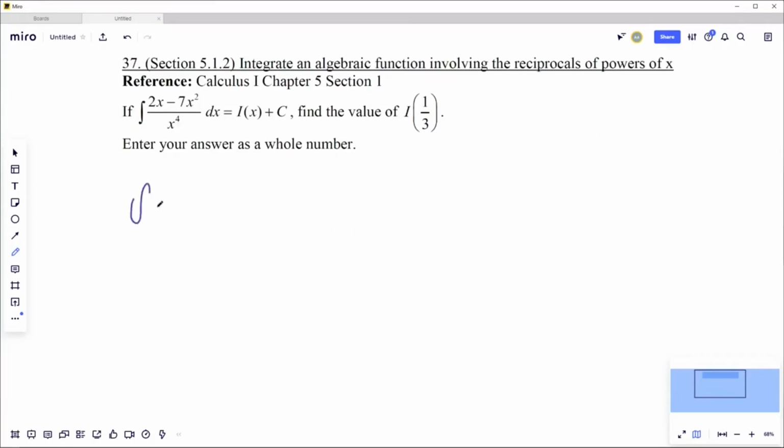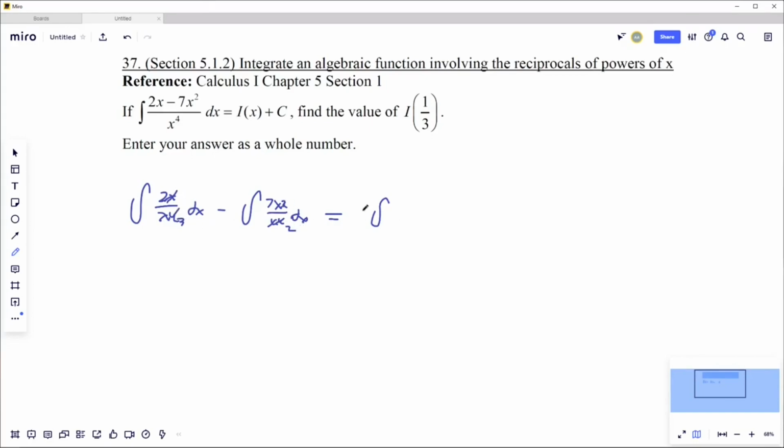So just split the integral for this. You get the integral of 2x over x to the power 4 dx minus the integral of 7x squared over x to the power 4 dx. This cancels with this, so you have x to the minus 3, and this cancels with this, you have x to the minus 2.